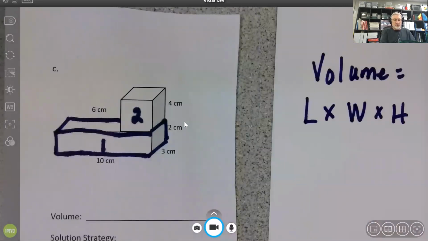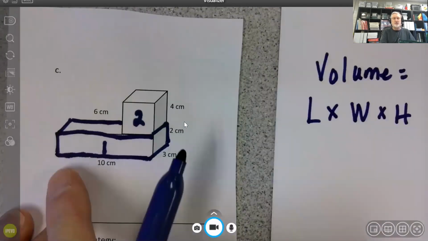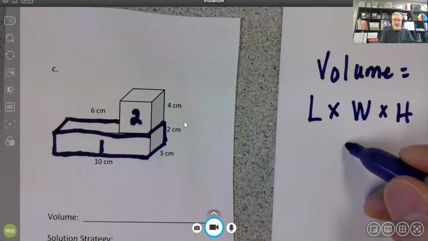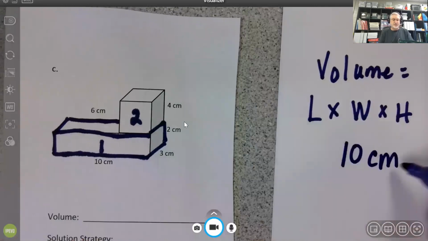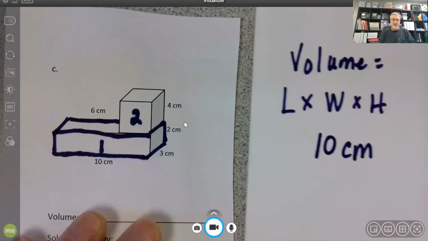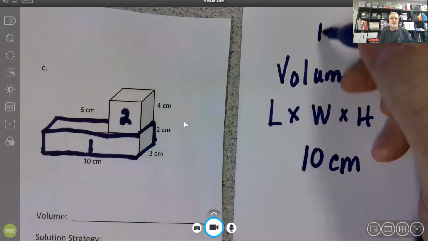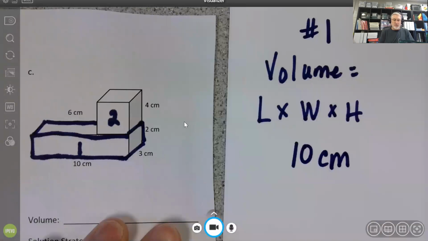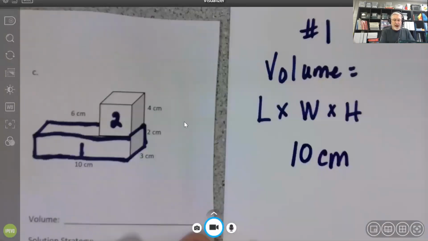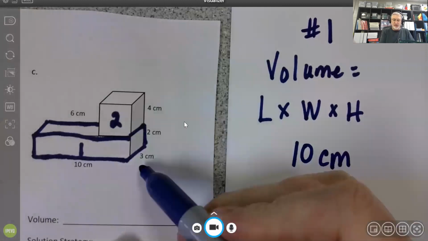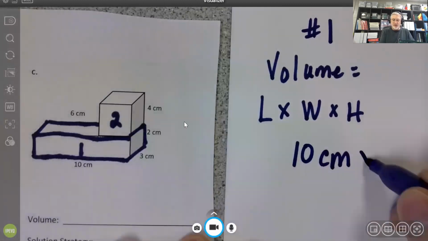Length generally goes along, across. So my length would be 10 centimeters, and I'm going to call this number 1. My width is what goes back. It's the depth of this shape, and it says 3 centimeters. So times 3 centimeters.